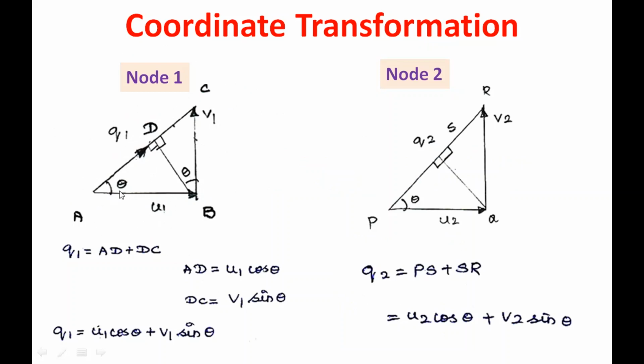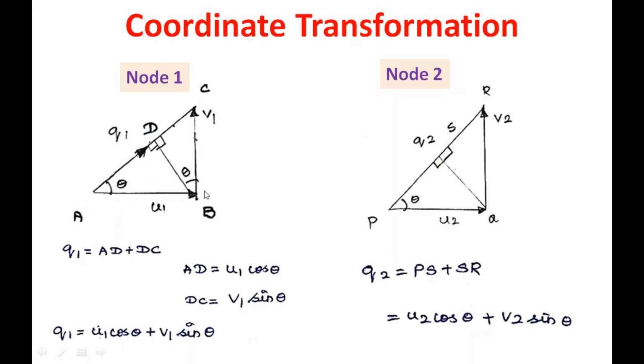So q1 is along the axial direction, u1 is along the x direction, v1 is along the y direction. Now let us say this corner is A, this corner is B and this is C. ABC is the triangle. A perpendicular is drawn to line AC, passing through corner B. Let us say this point is D.